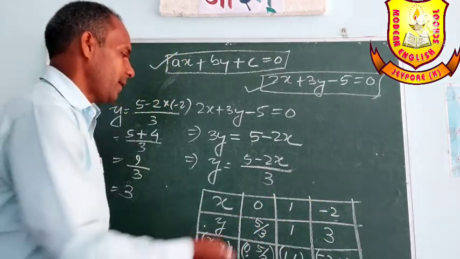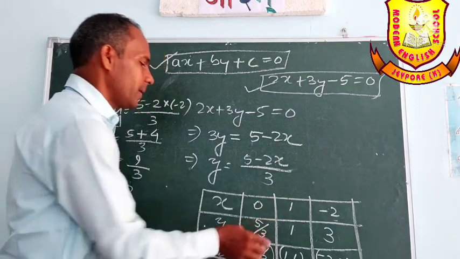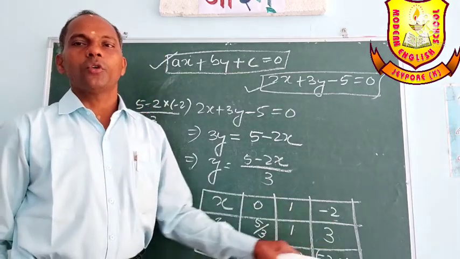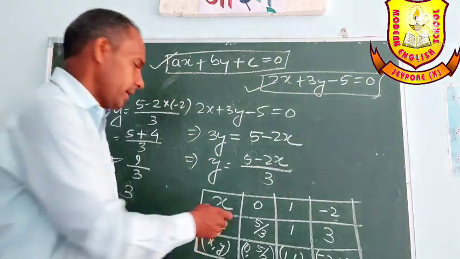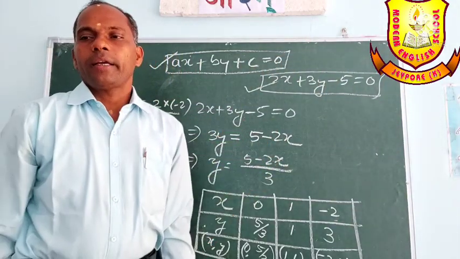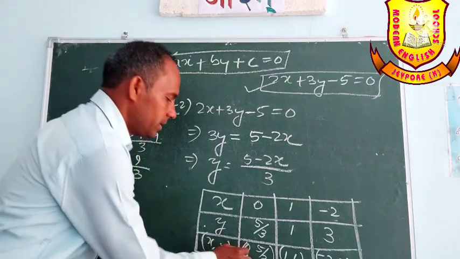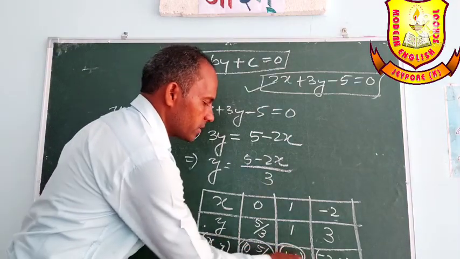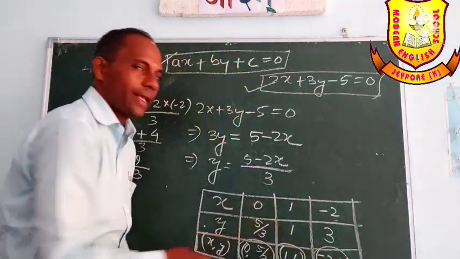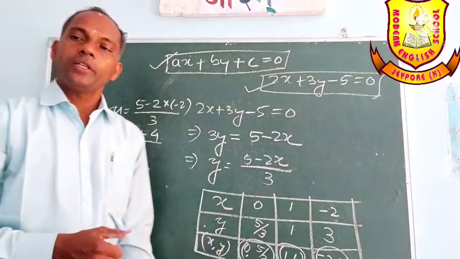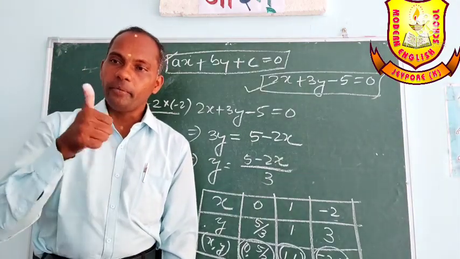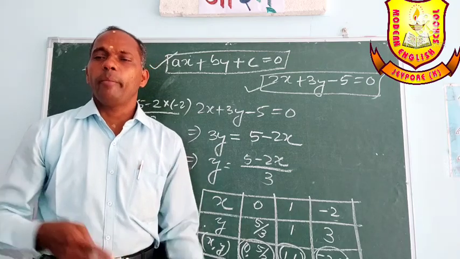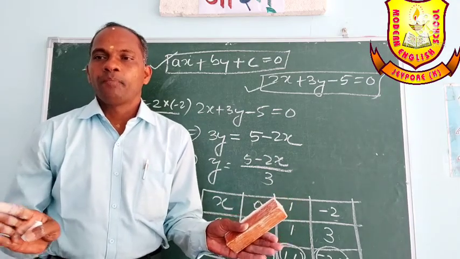So for any value of x we can get the value of y. Like that, any value we take, we can get y. So this is a solution, this is a solution, this is a solution. Like that, how many solutions can we get? It is an infinite number of solutions.